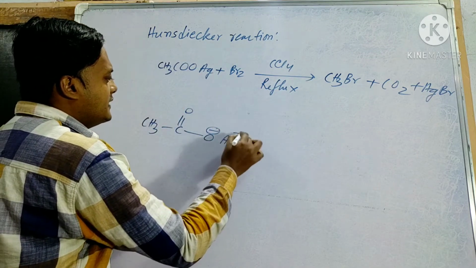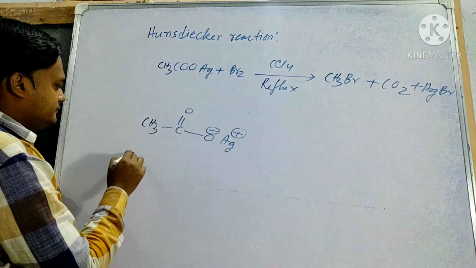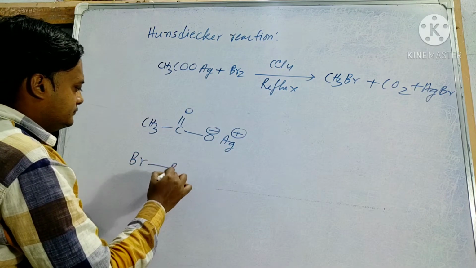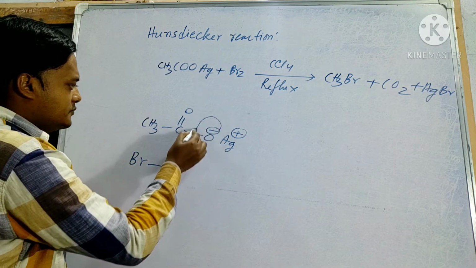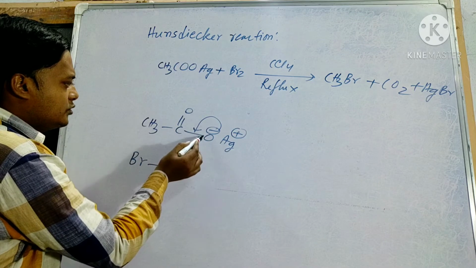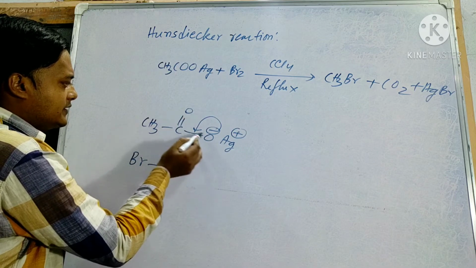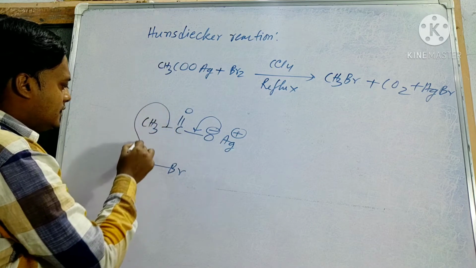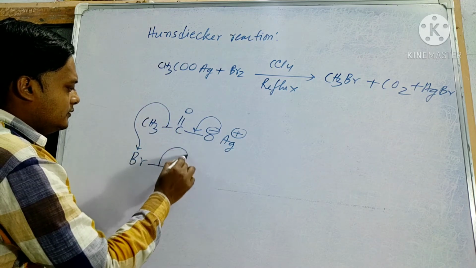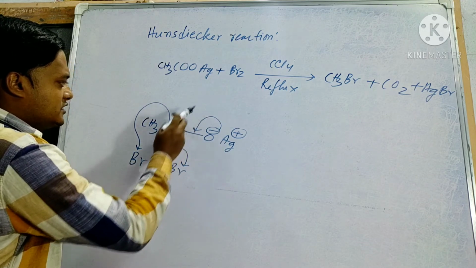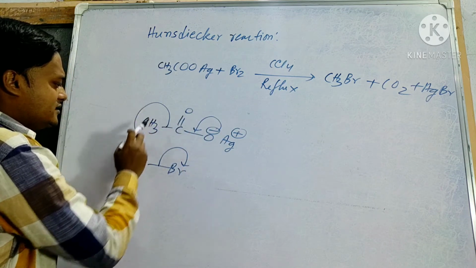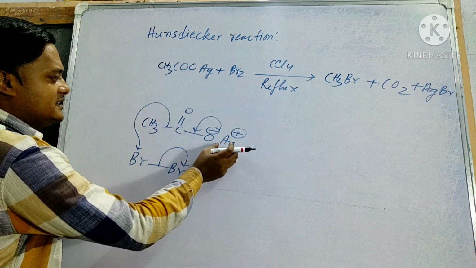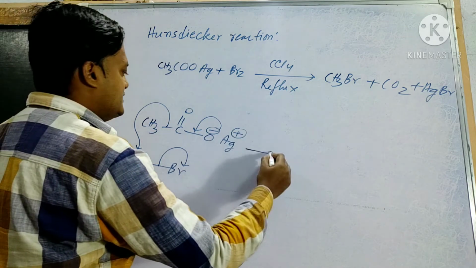Now you can remember the mechanism in this way. See, this bond moves here to form CO2, C double bond O, that also becomes C double bond O, so CO2. So this bond attacks the bromine. So this part is CO2, CH3Br, Br minus, Ag plus, it will be AgBr.